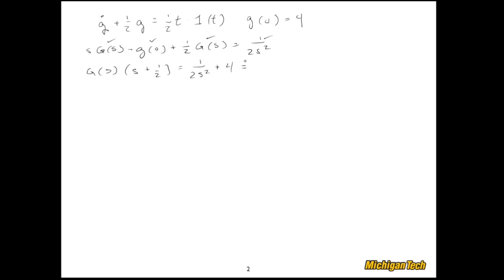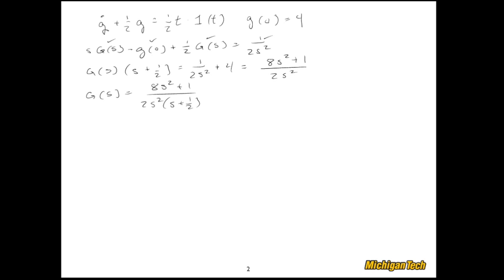And let me take the right-hand side and write it as a rational function, a polynomial in s in the numerator and a polynomial in s in the denominator, basically getting a common denominator. Let's see, I can finish solving for G of s, and we'll have 8s squared plus 1 over 2s squared times (s plus 1/2).